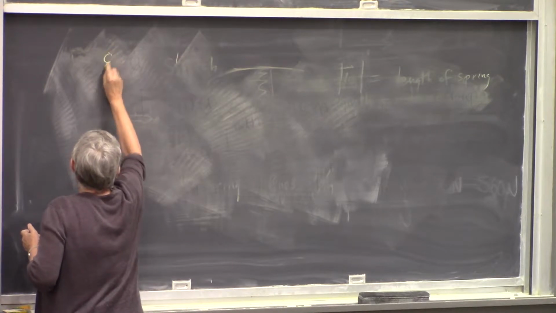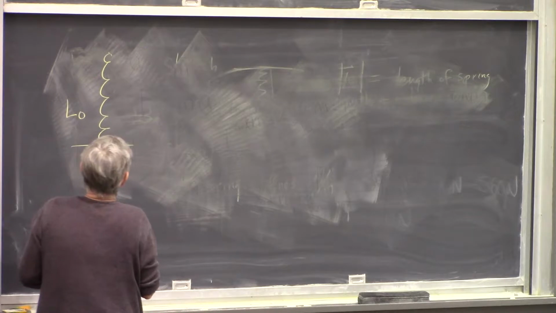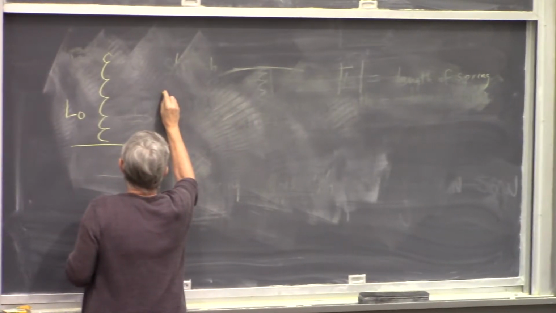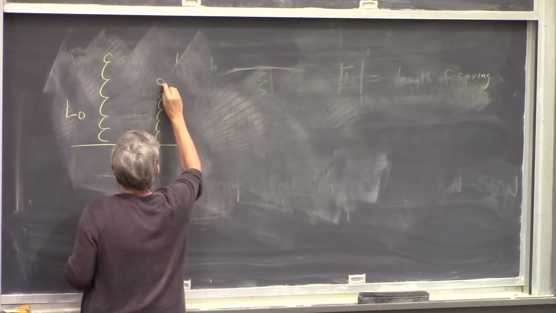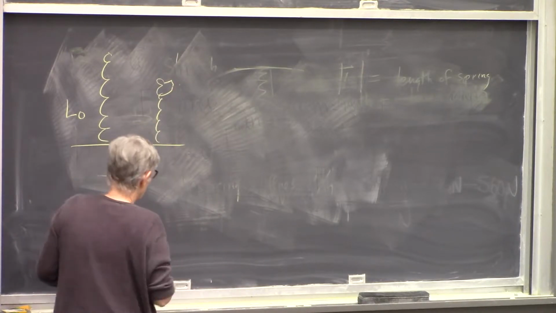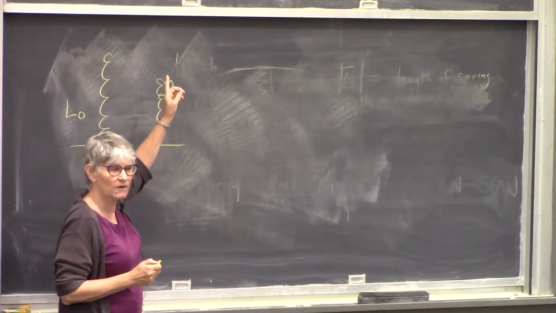So here is our spring. It's vertical. This is its relaxed length. We push down on it. So the spring is going to be exerting an upward force on our hand, right?